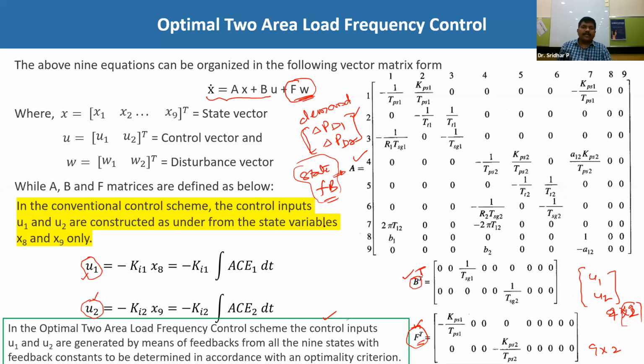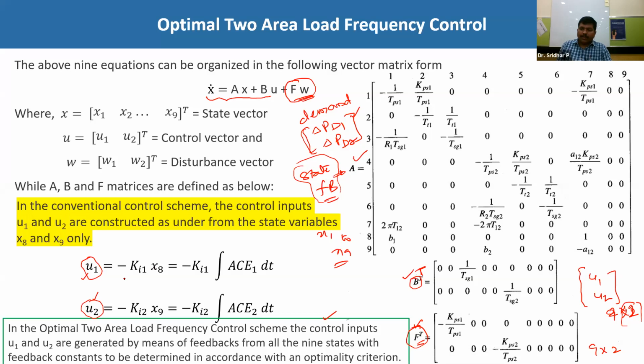The other states means the x1 to x9 states. All these x1 to x9 states we can adjust by suitably adjusting the locations of the poles and zeros. Of course that is beyond our limit, so we are not interested in adjusting the state feedback matrices.